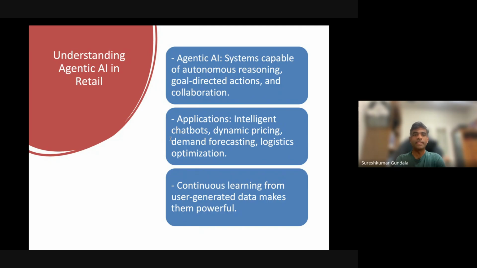So in large environments, agentic AI systems rarely operate alone, right? They function as part of a network of interconnected agents, wherein, for example, a customer engagement agent may influence a recommendation agent, which then feeds these insights into the pricing agent, which will adjust the discounts and so on.